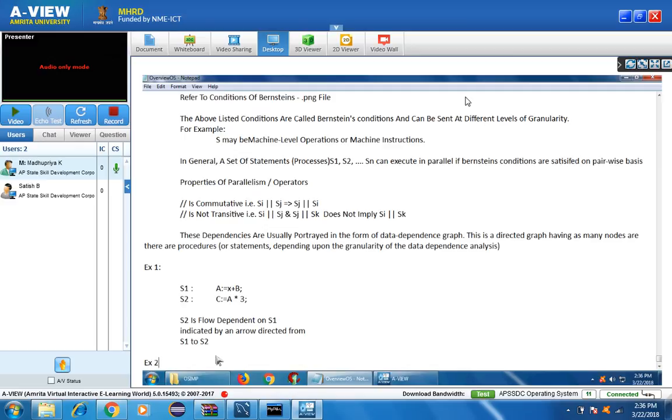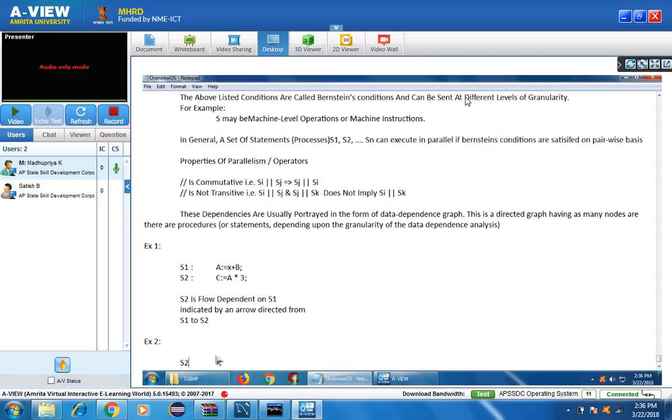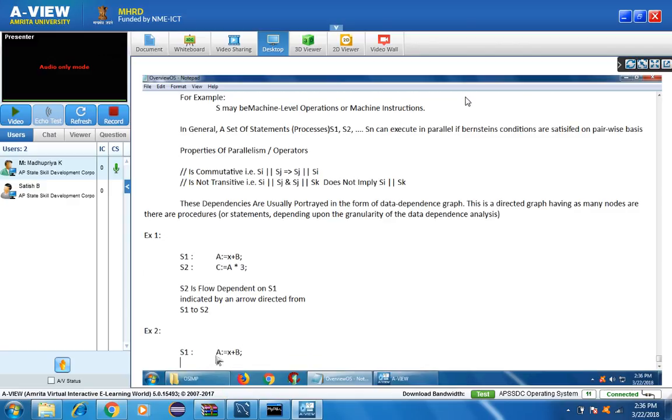In execution of the first expression, you can have its value utilized for the second expression. S1: A assigns to x plus b, the first expression. S2: A assigns to 3.